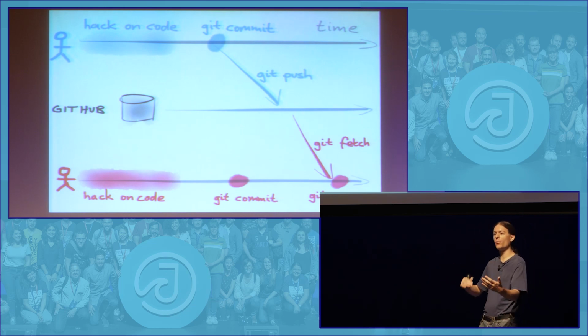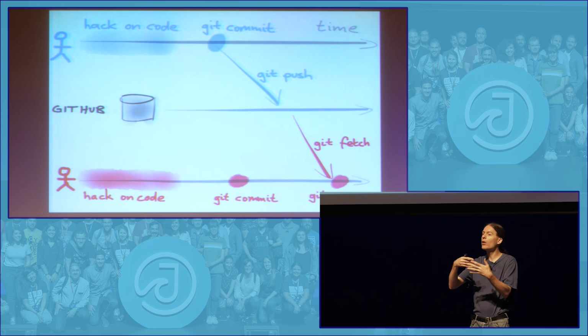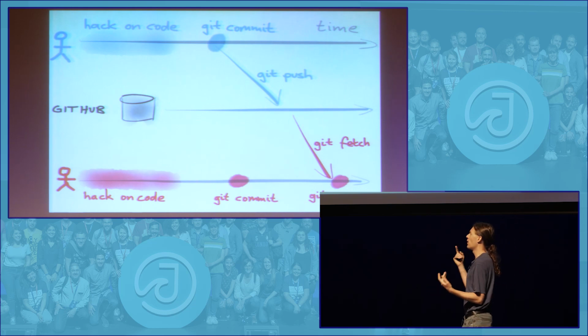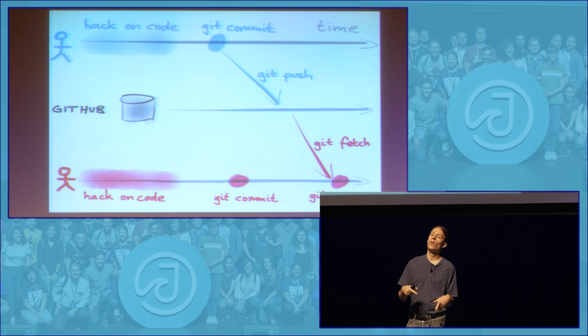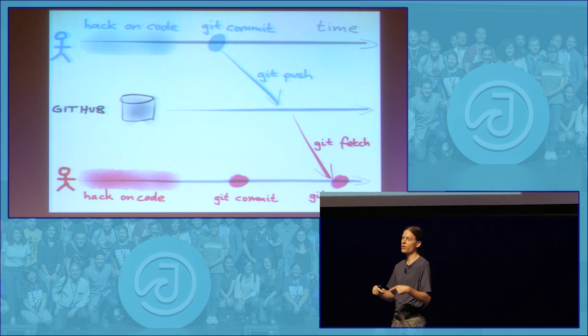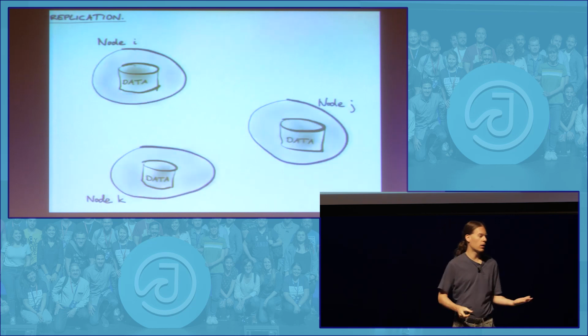The changes are far enough apart that Git or similar systems will merge them together automatically. But if you're changing the same lines, or very close to each other in the same file, you will have a merge conflict. And in that case, what Git or the version control system will ask you to do is to resolve that by hand, and then only after you've resolved the merge conflict by hand, you're allowed to push the changes back.